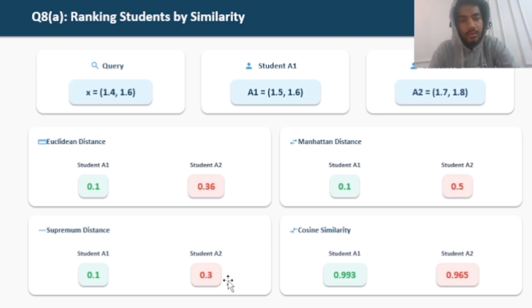Fourth, we calculate cosine similarity. So our cosine similarity values are for A1 equal to 0.993 and A2 equal to 0.965. All four measures show that A1 is most similar to the query X. So this is all about our question number 8.